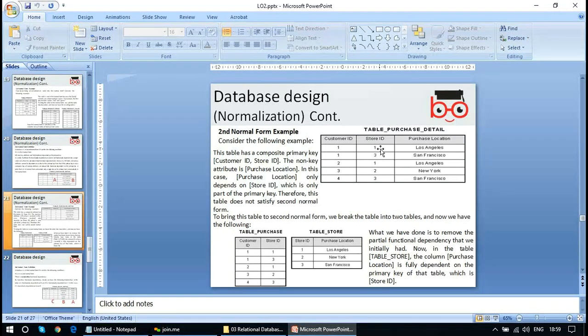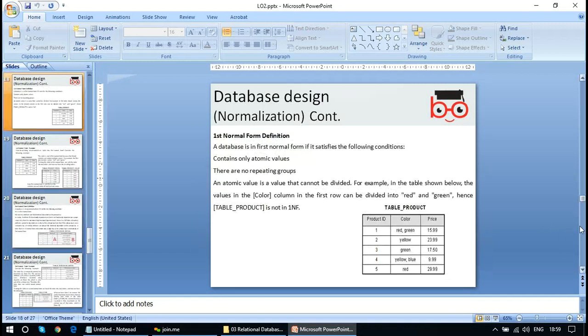Like Los Angeles is used maybe 2 times here, but if the store of Los Angeles was used 100 times, it was not good to repeat Los Angeles 100 times in a purchase table.